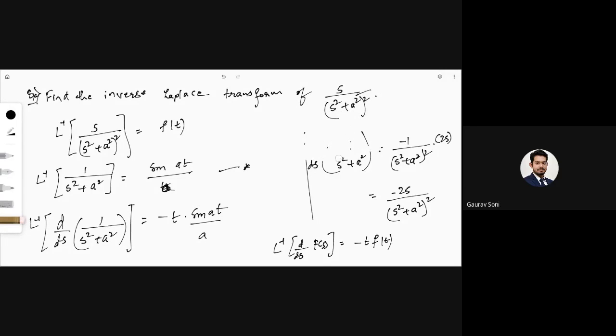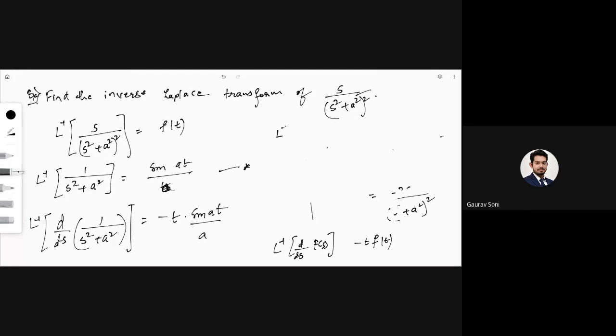Now, once we have d by ds of 1 upon s square plus a square equal to minus t sine of at upon a, what we do further is differentiate. Once we differentiate this, what will we have?